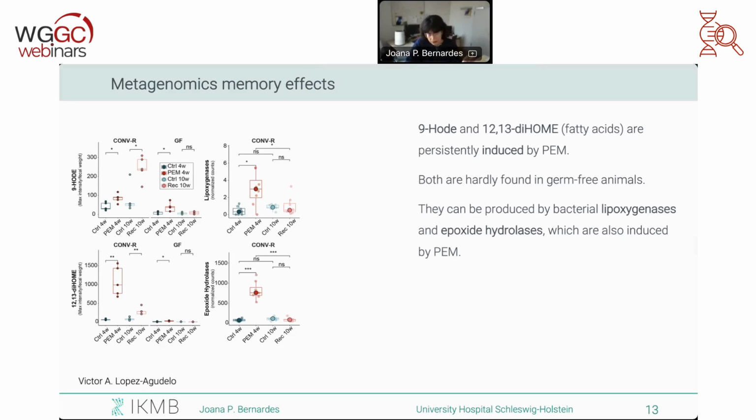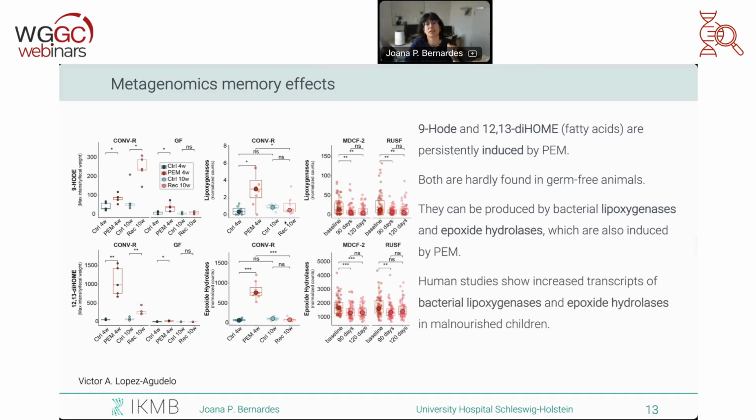Furthermore, this is only in mice, but thankfully we had access to a cohort from the Gordon group, who also had metagenomics data. This was a refeeding study for a group of children from Bangladesh, and we could see in the human studies that we were not looking in a vacuum: these lipoxygenases and epoxide hydrolases were also very much upregulated in children suffering from malnutrition.